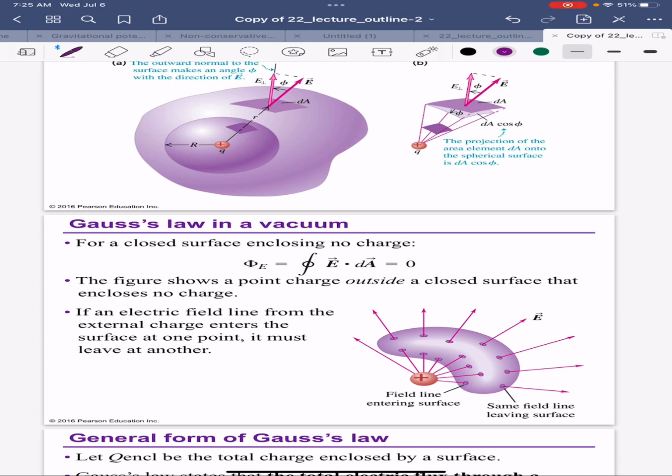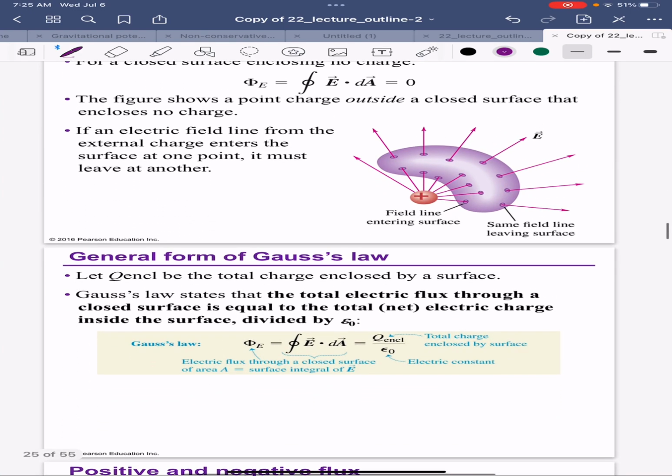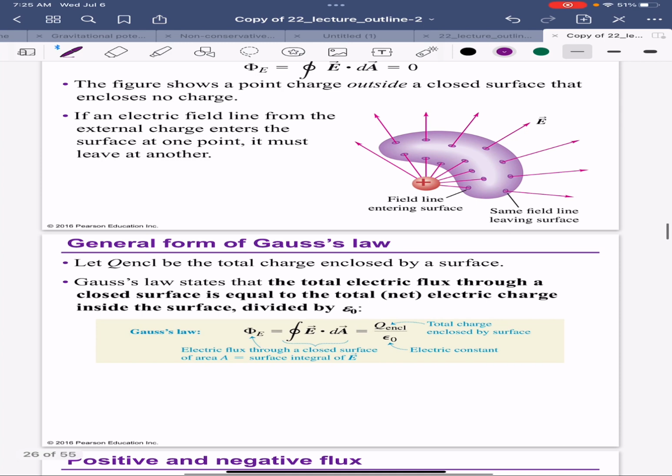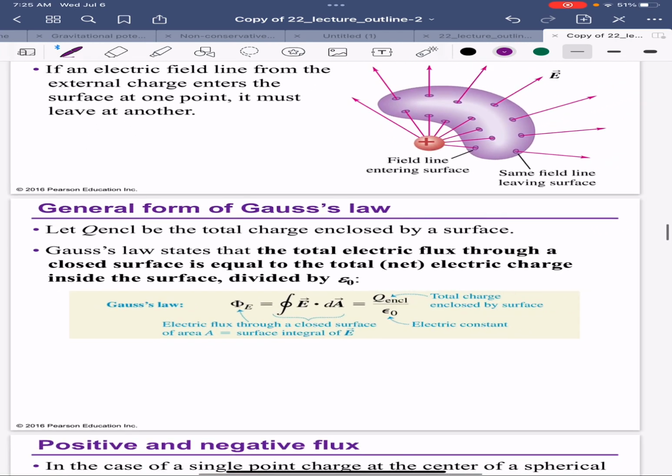The number of electric field lines coming into the surface equals the number leaving, and therefore the flux is 0. Now, when we have a charge, the total electric flux through a closed surface is equal to the total net charge inside the surface divided by epsilon 0. And this is Gauss's law.